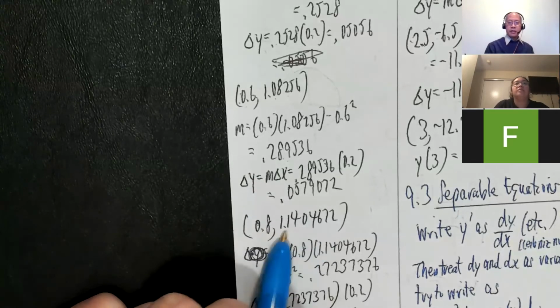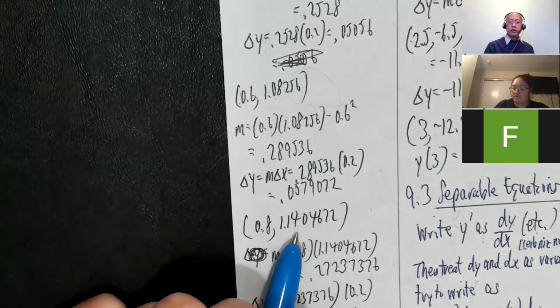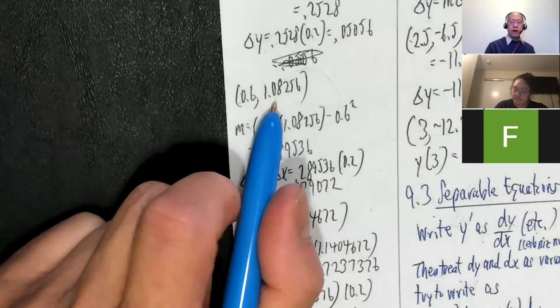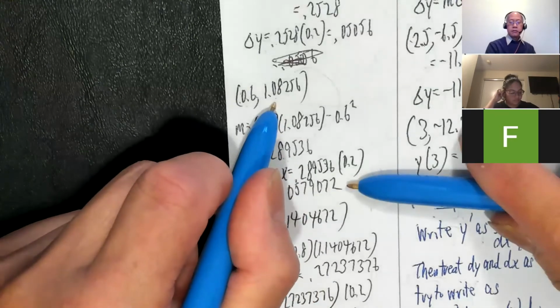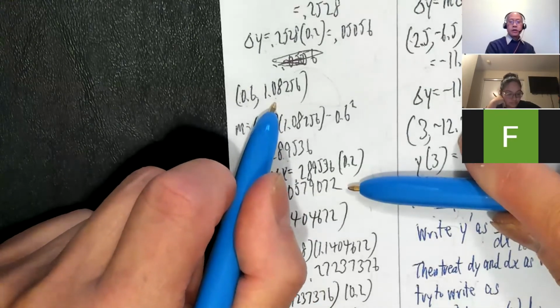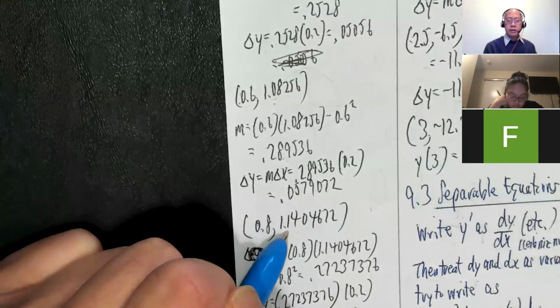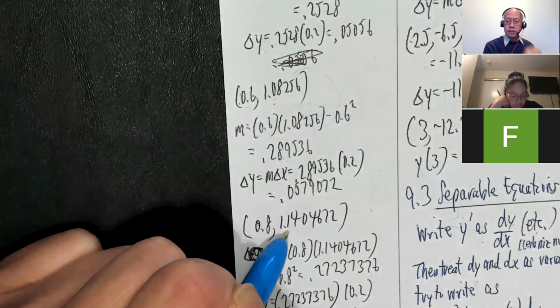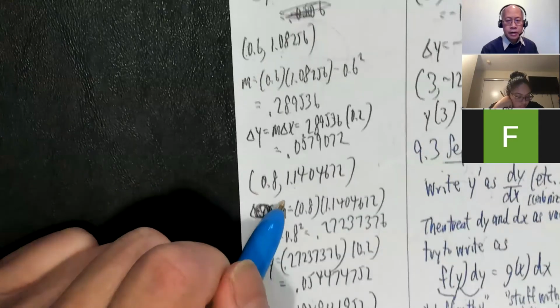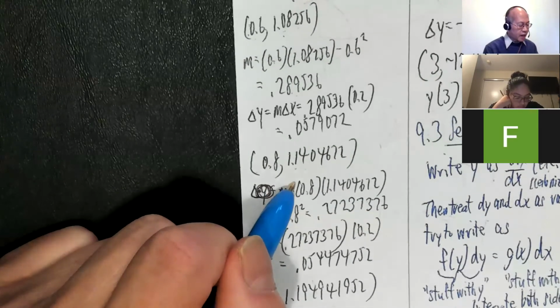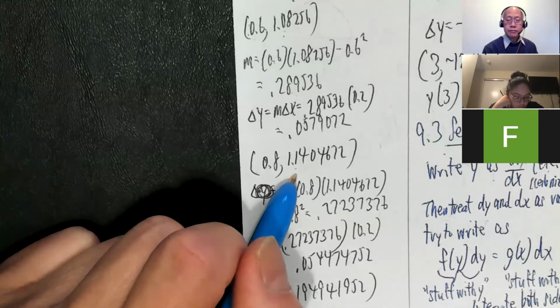Now, how to get this weird thing? The new y is the old y plus delta y. So I'm at this height. I've risen this much. So I'm now at 1.1404672. And finally, at last, I got to do it one more time.